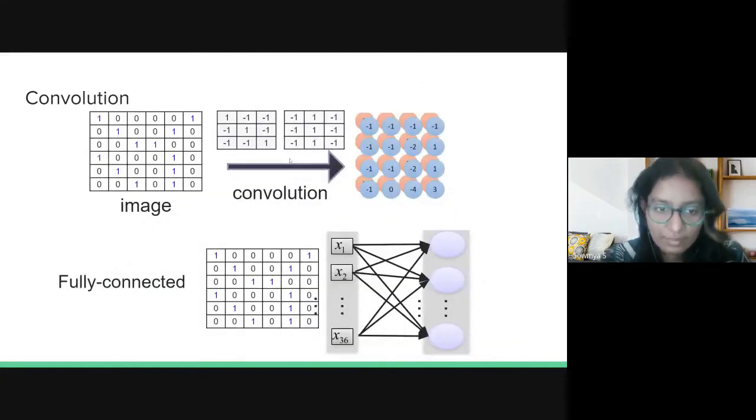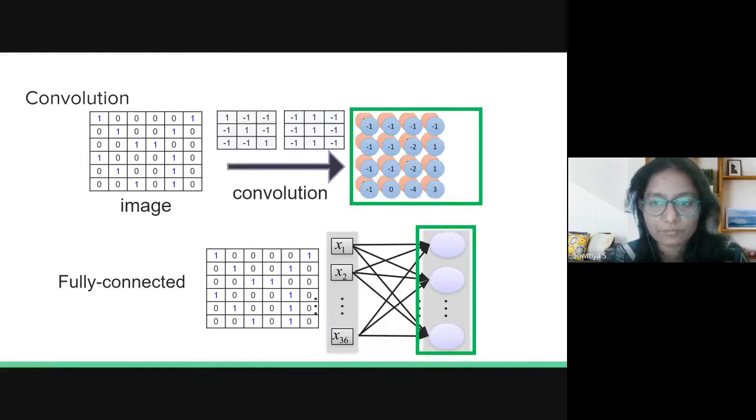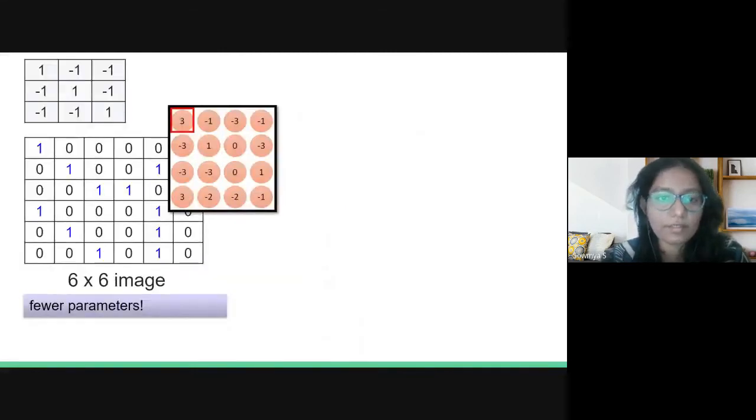To compare convolution and a fully connected network: in a fully connected network, you have a set of inputs that are fully connected with a set of hidden states and then the outputs. Here, it's a sort of compression. You have compressed the image into useful information, into a set of matrices. What are the advantages of this?